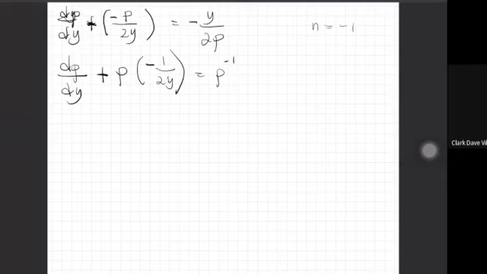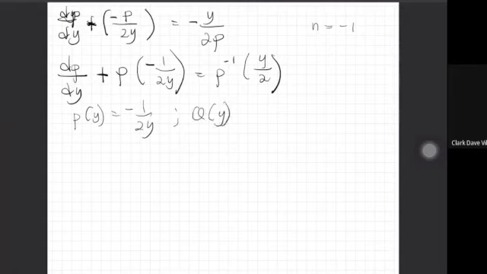And then I have y over 2 as my q of y, right? So my p of y is negative 1 over 2y, and my q of y is actually y over 2. And my n, as I have written above, is negative 1. So I'm going to use Bernoulli.